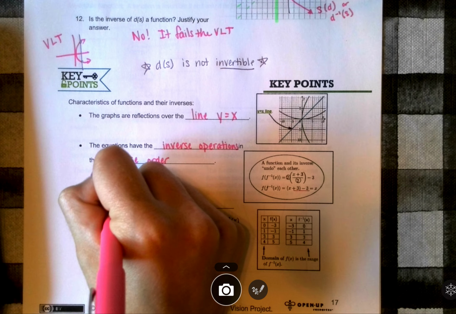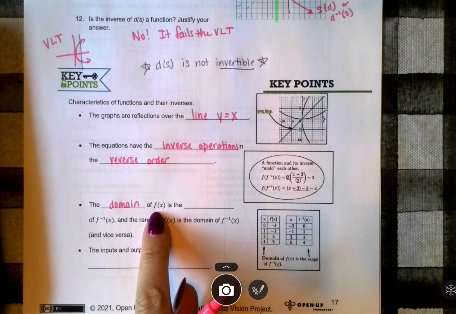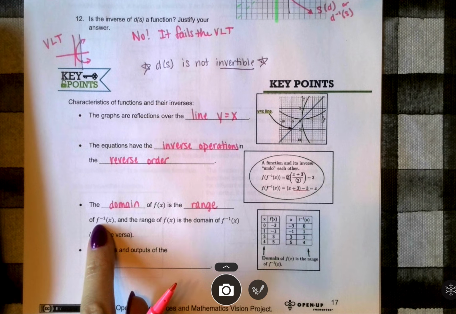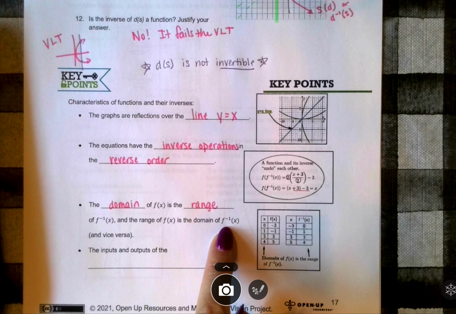And then the domain of our function f is the range of the inverse of f, and the range of f is the domain of the inverse of f.